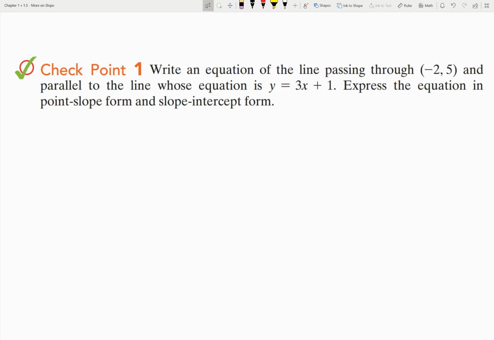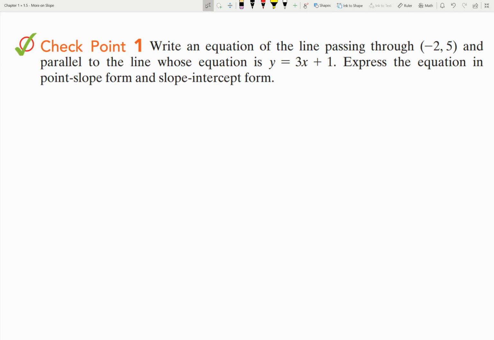Okay, so again, we have a point and we need the slope. So my point is -2, 5, and my slope is 3. So I can now write the equation in both point slope and slope intercept form of a line that goes through -2, 5 and is parallel to y is equal to 3x plus 1.